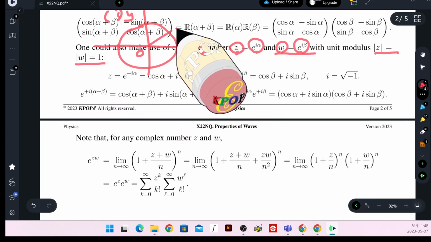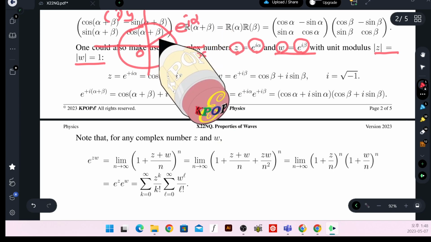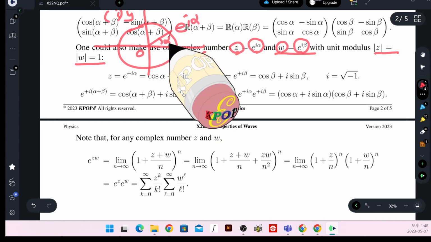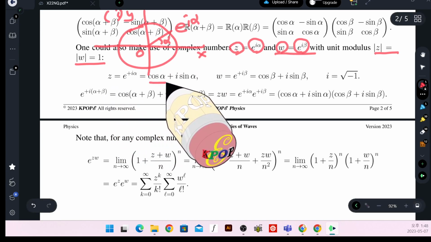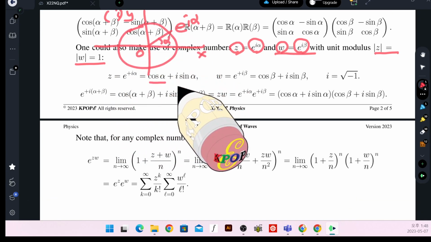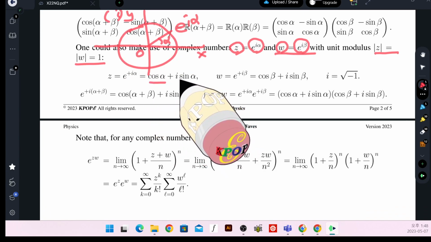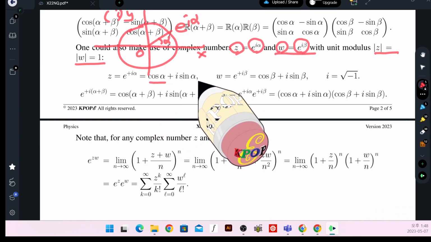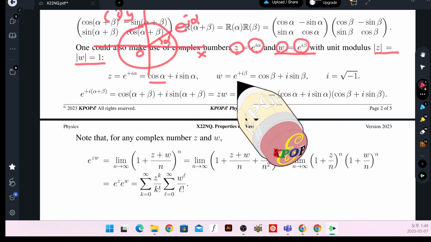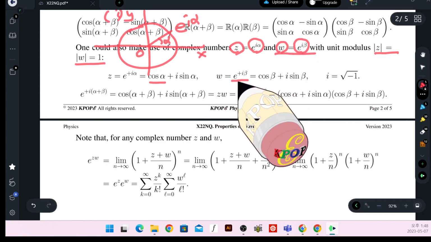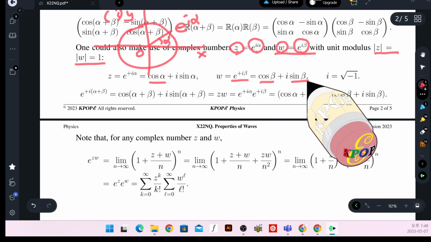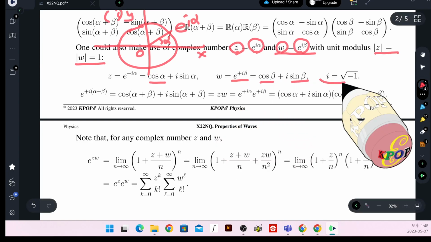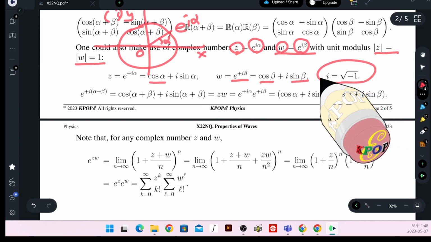If z equals e to the i alpha, then it is on the unit circle. So we have cosine alpha plus i sine alpha. W, which can be expressed as e to the i beta, should be cosine beta plus i sine beta. Sure, you must know i equals the square root of minus 1.